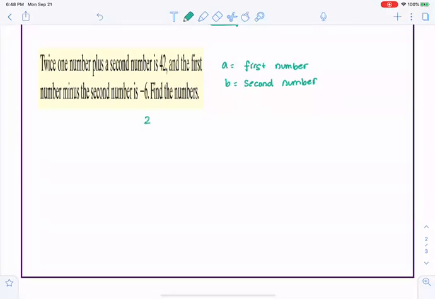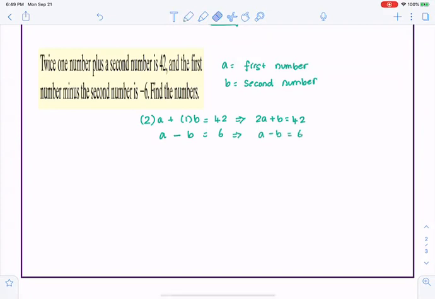So 2 times the first number, A, plus 1 times the second number, B, would equal 42, which simply means 2A plus B equals 42. That is the first equation. The second part of the question states that the first number minus the second number is 6. So A minus B would equal 6. So the second equation is A minus B equals 6.